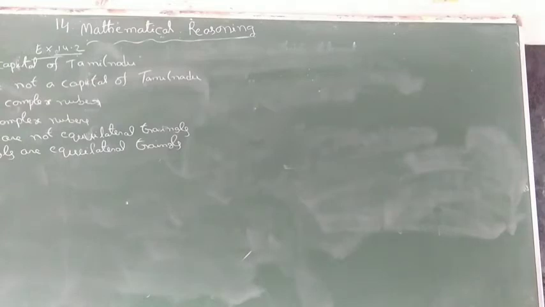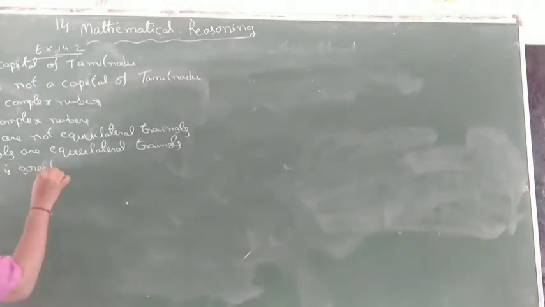The number 2 is greater than 7. What is the negation of P?